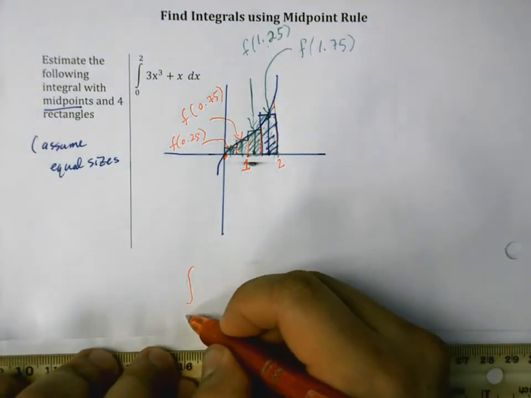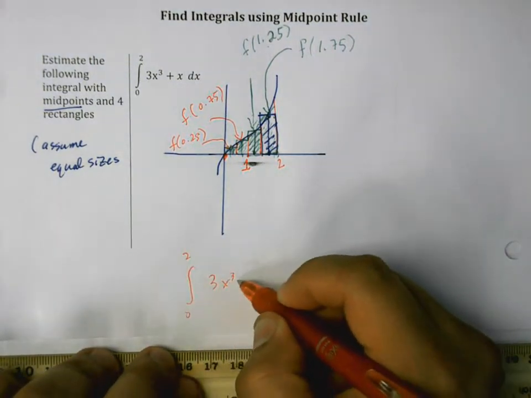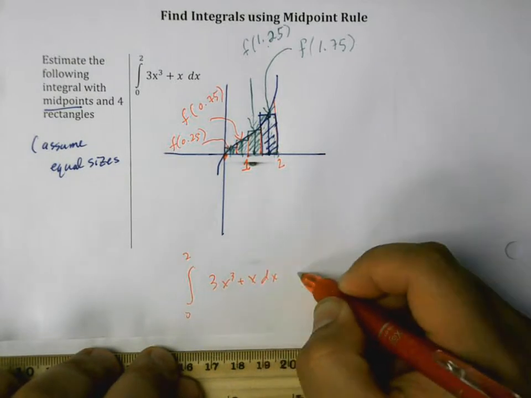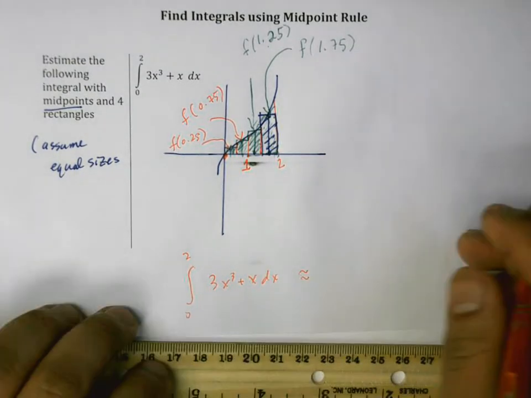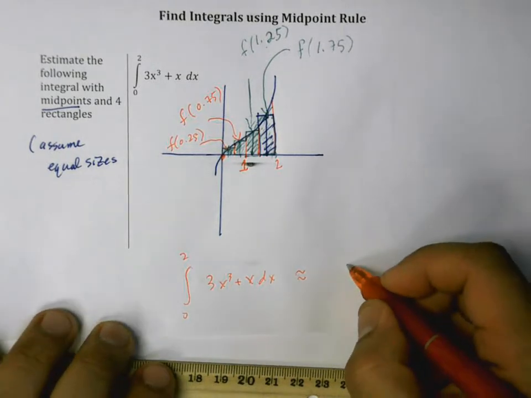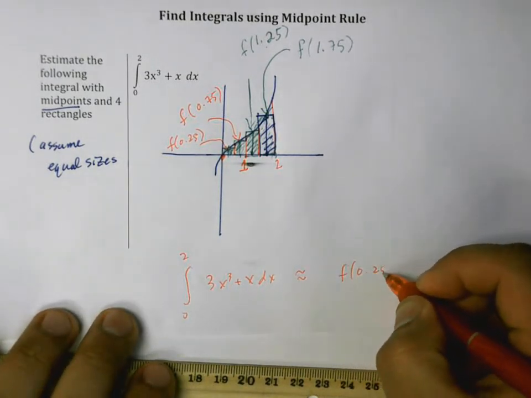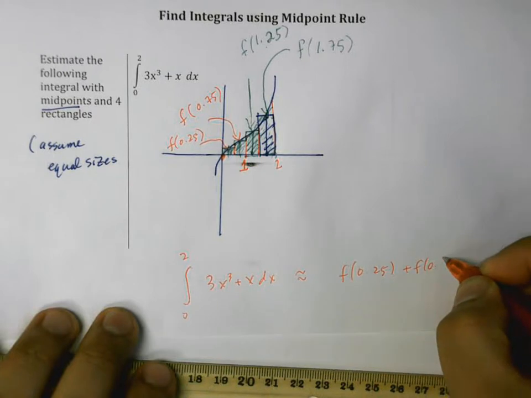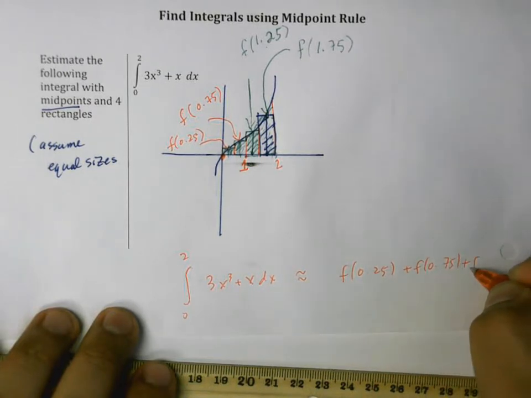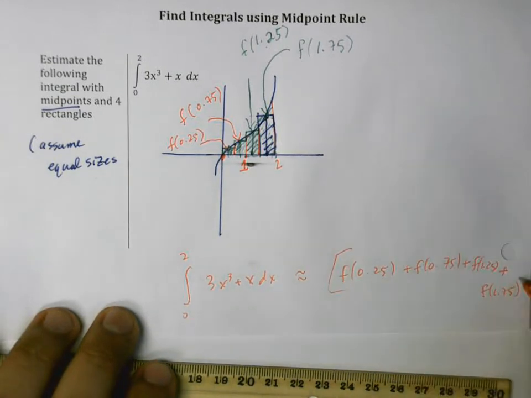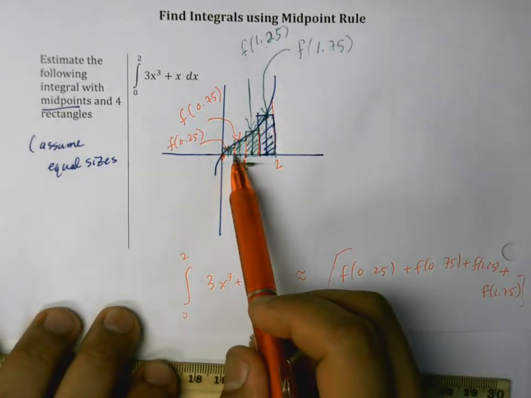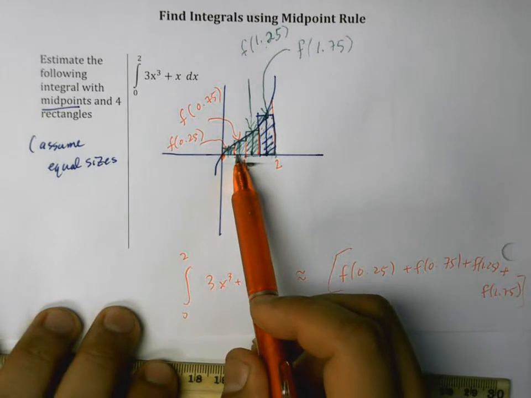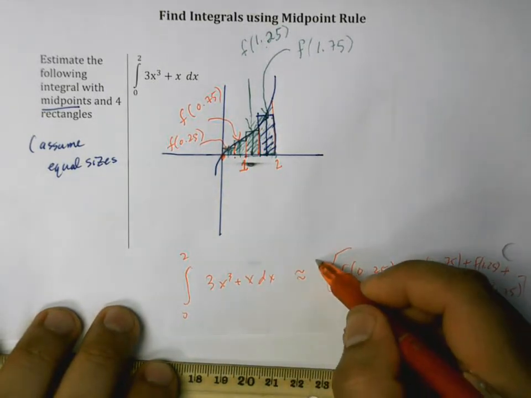And so the integral is approximately equal to f of 0.25 plus f of 0.75 plus f of 1.25 plus f of 1.75. All of that times the length of the bases here, and each of the length of the bases here is still 1/2.